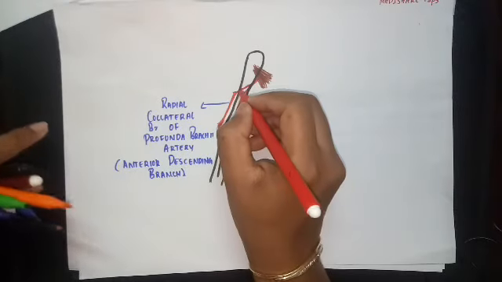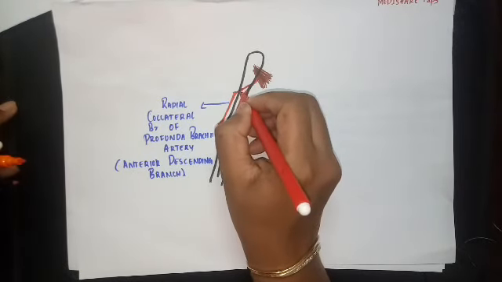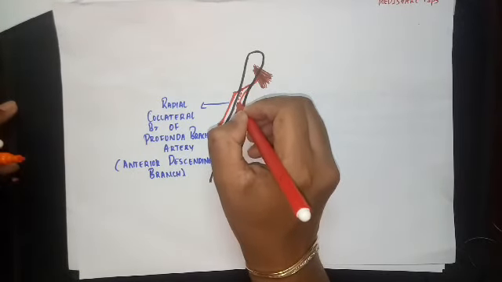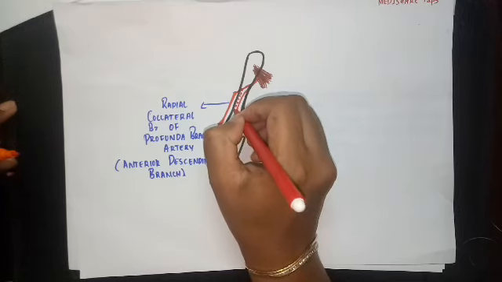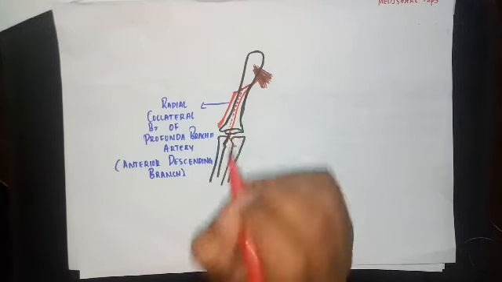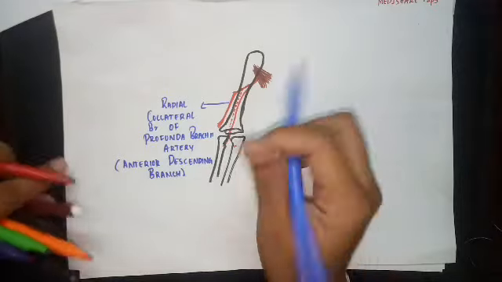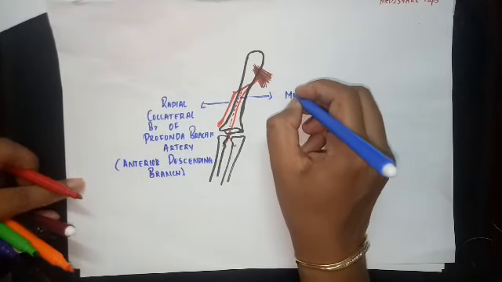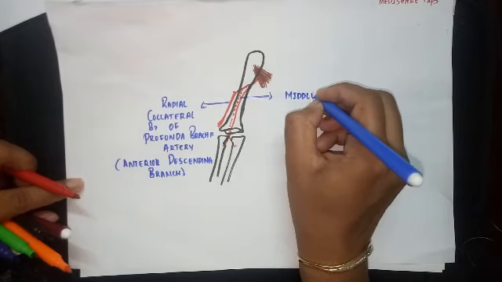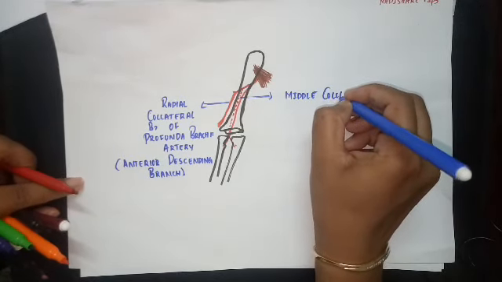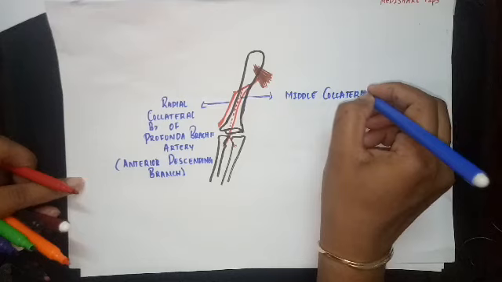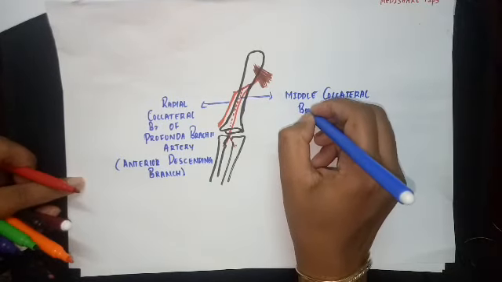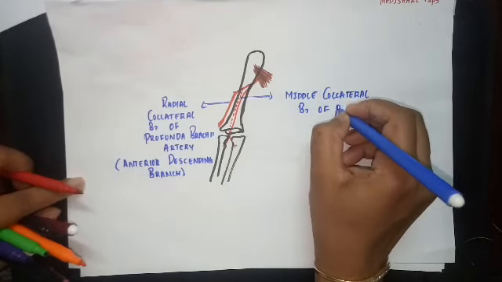And another branch that is given by the profunda brachial artery, which passes posterior to the humerus, that branch is known as the middle collateral branch of profunda brachial.